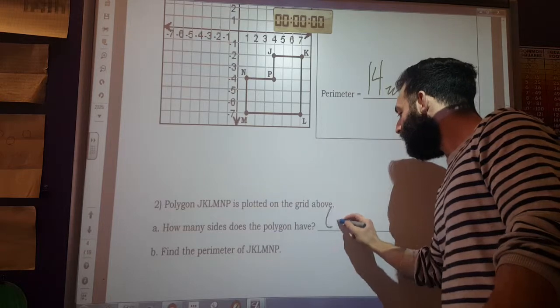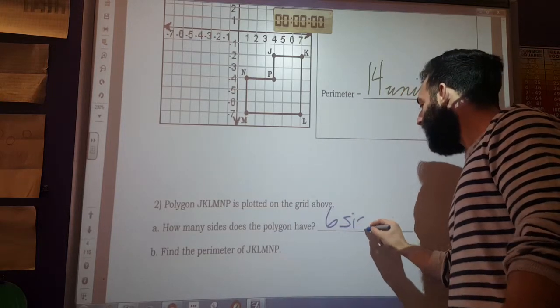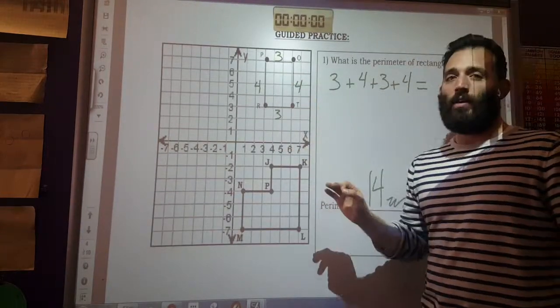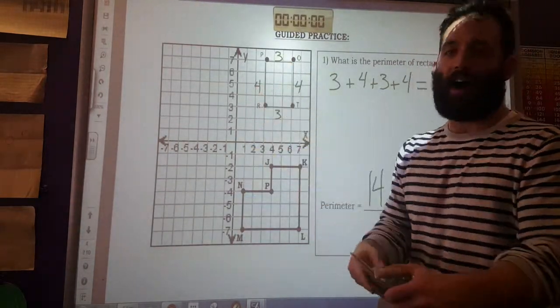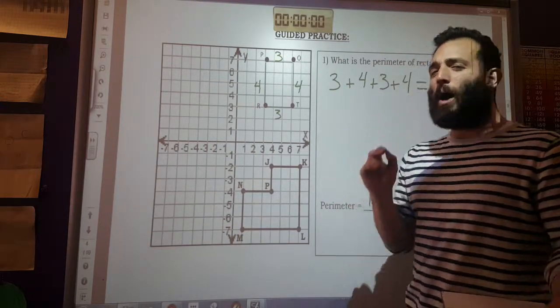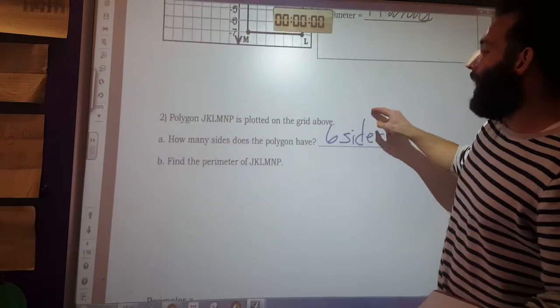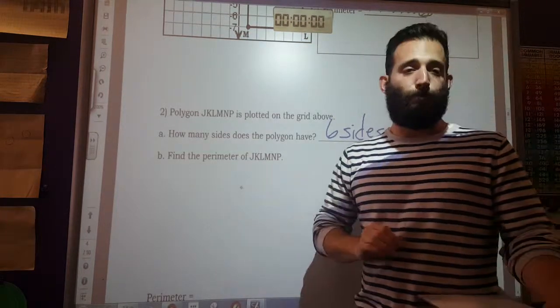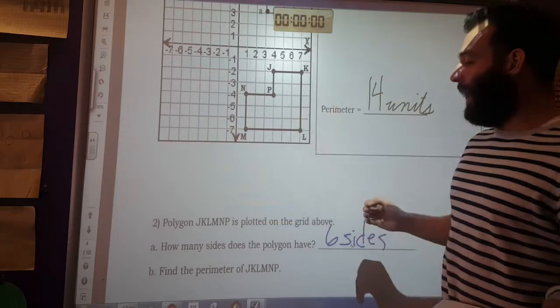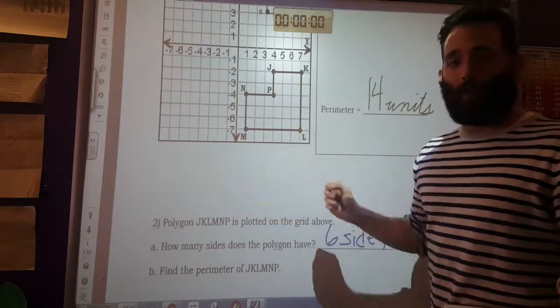I have 6 sides. So if on this one I had 1, 2, 3, 4 sides, and I added up 1, 2, 3, 4 numbers, how many numbers do you think I'm going to need to add here? 6.